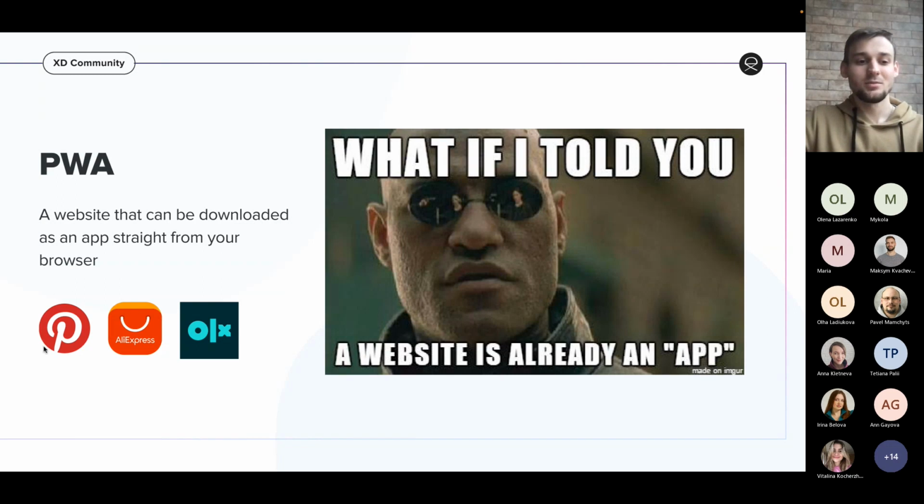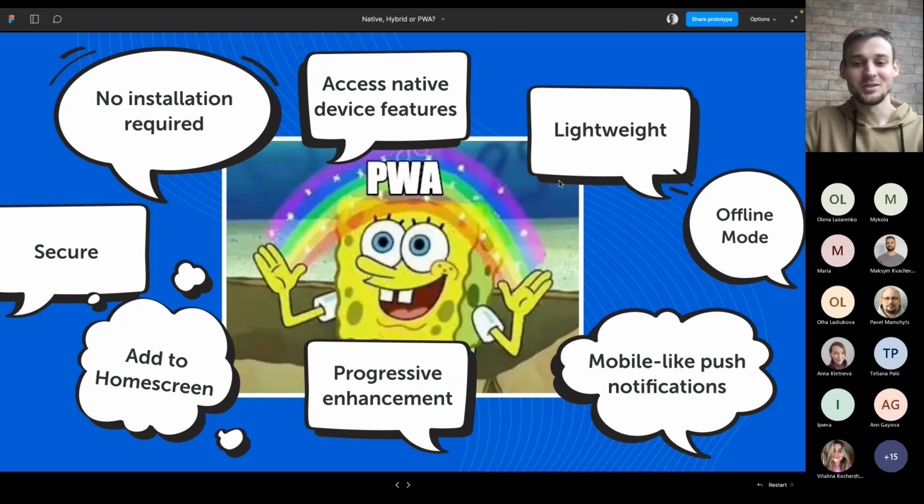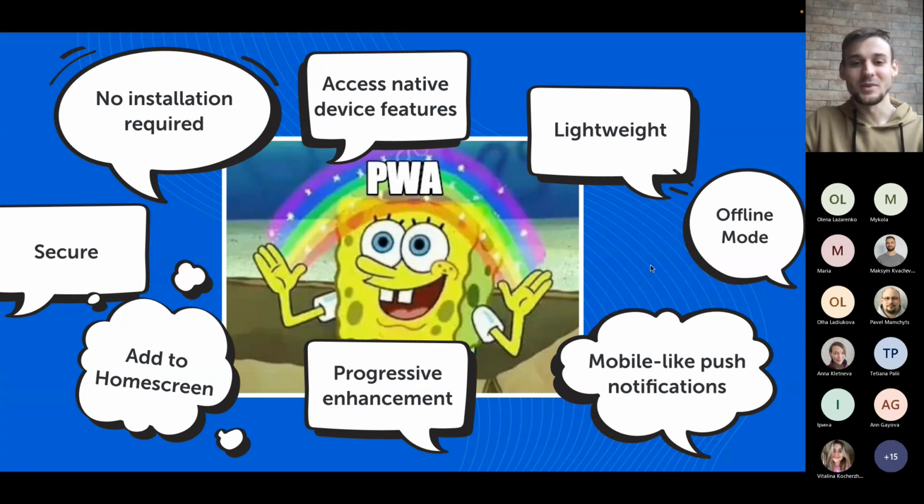And some examples I have here are Pinterest, AliExpress, and OLX, which are all progressive web apps. And there are quite a lot of things which are great about progressive web apps, like no installation required, it's lightweight, it enables offline mode and some other things which we will go into detail.